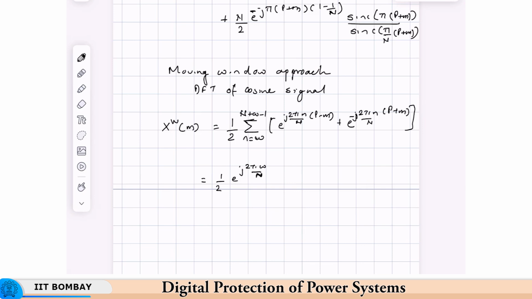This 2 pi w by n will be a common term which will be there with the entire series, so that we can take that as common. I'm sorry, there will be a term here.